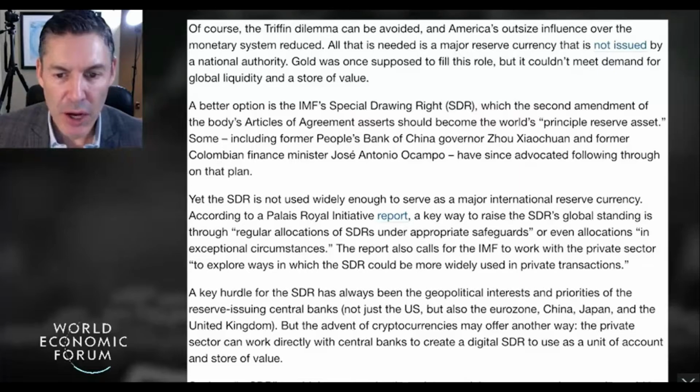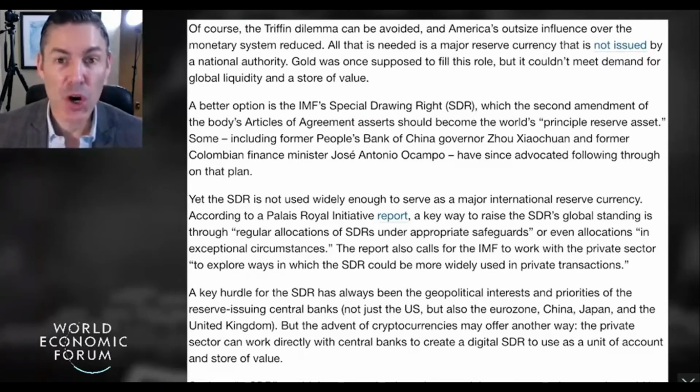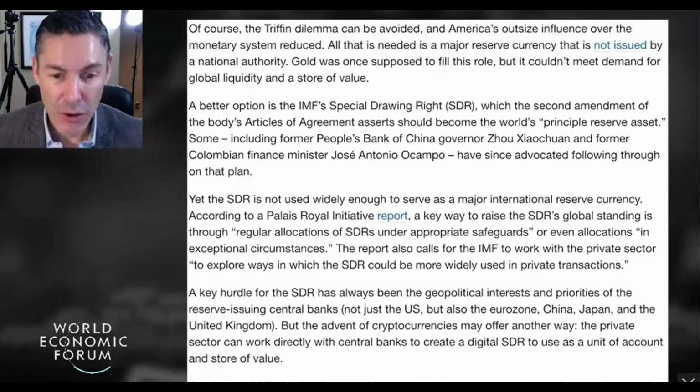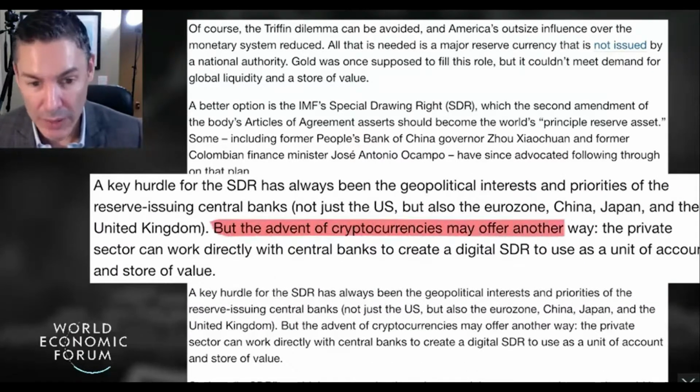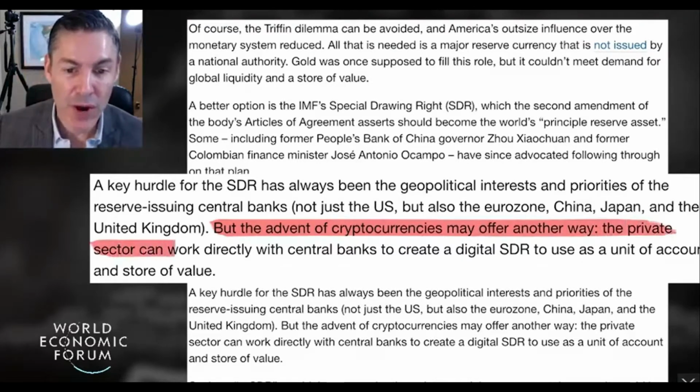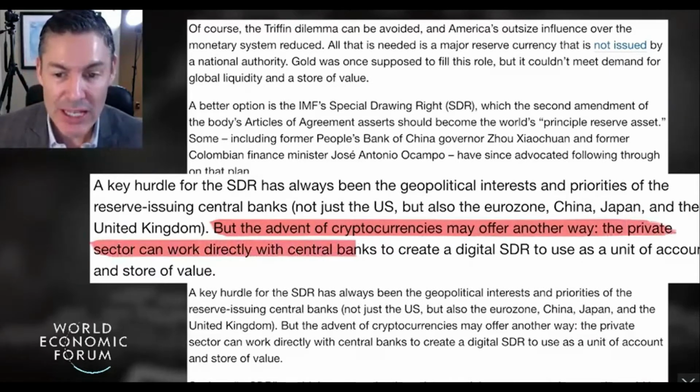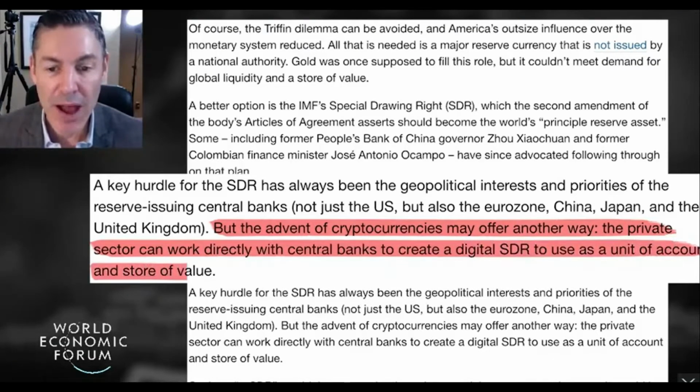Then he talks about how cryptocurrencies may show us how the SDR could dominate the globe. But the advent of cryptocurrencies may offer another way. The private sector can work directly with central banks to create a digital SDR to use as a unit of account and a store of value.